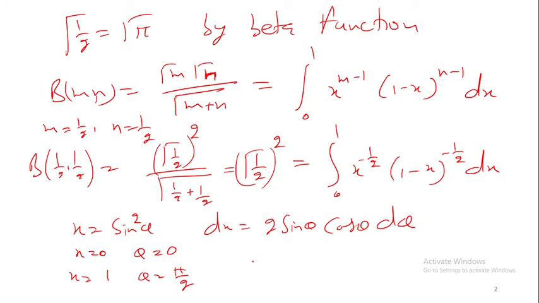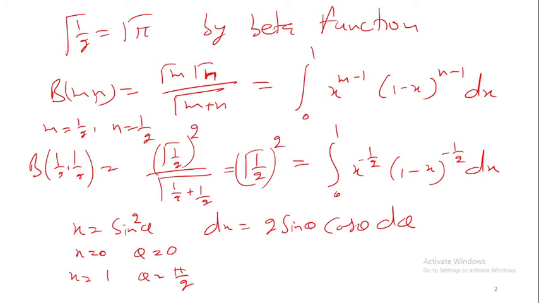So now what will we get? We get the limits 0 to pi upon 2. In place of x, we put sine square theta, so it is sine square theta power minus 1 by 2 and 1 minus sine square theta power minus 1 by 2.